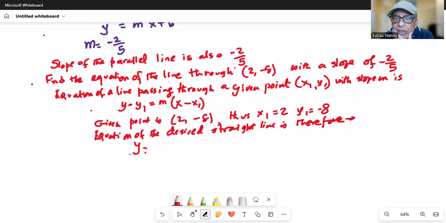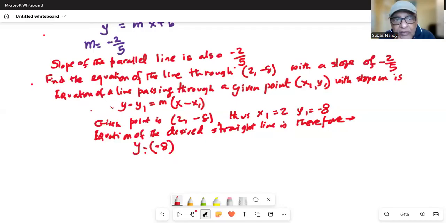If I forget the minus 8, that will not work. I have to bring in the minus 8 because the y coordinate of the point through which the line passes is minus 8. So it is a good idea to write this minus 8 in parentheses so that we do not forget there is a minus in front of it from this formula.